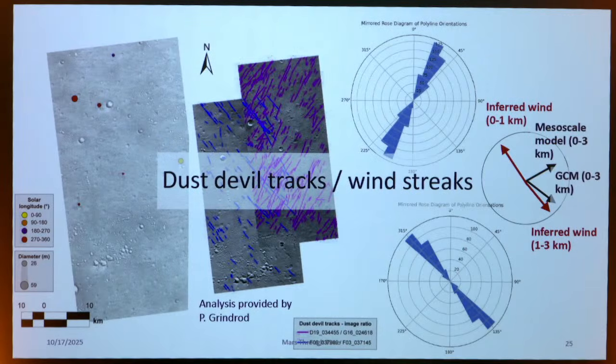It's interesting that one set lines up with the mesoscale wind direction prediction, and the other set lines up with the inferred wind direction. So it might suggest that Beagle 2 landed during a transient kind of climate.